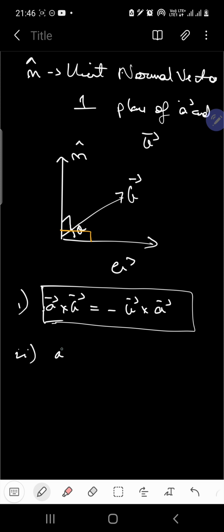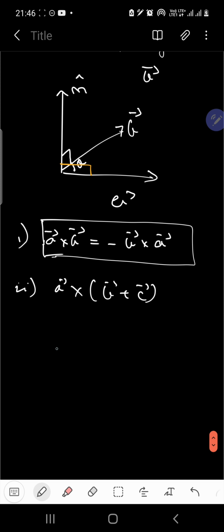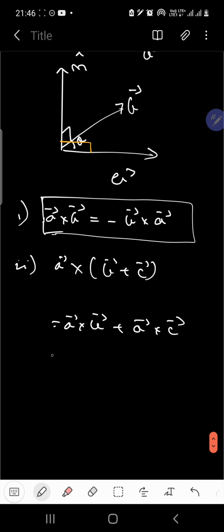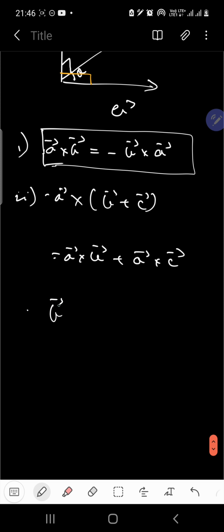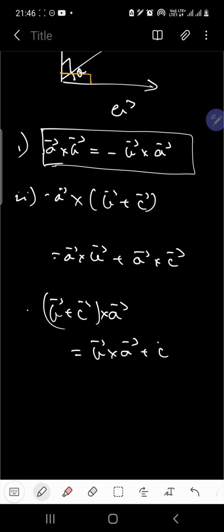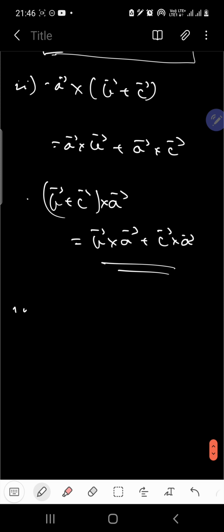A cross (B vector plus C vector) is equal to A cross B plus A cross C. Similarly, (B plus C) cross A will be B cross A plus C cross A.